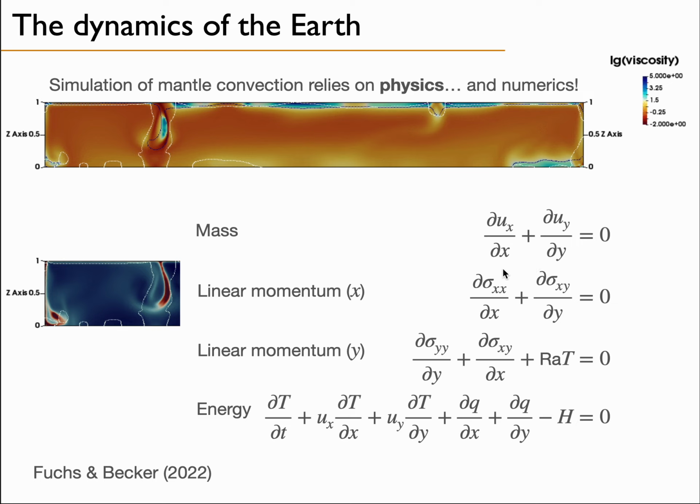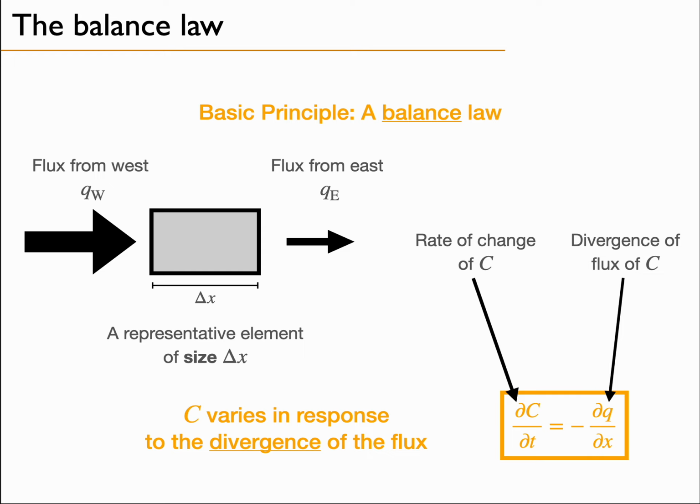Here there is no inertia, but it's linear momentum balance. Here we have a gravity term included, and the energy conservation is written here with energy sources, advection flux, and diffusion flux. So what matters here is that all of these equations are partial differential equations, and it's important to realize they are all built on some balance law.